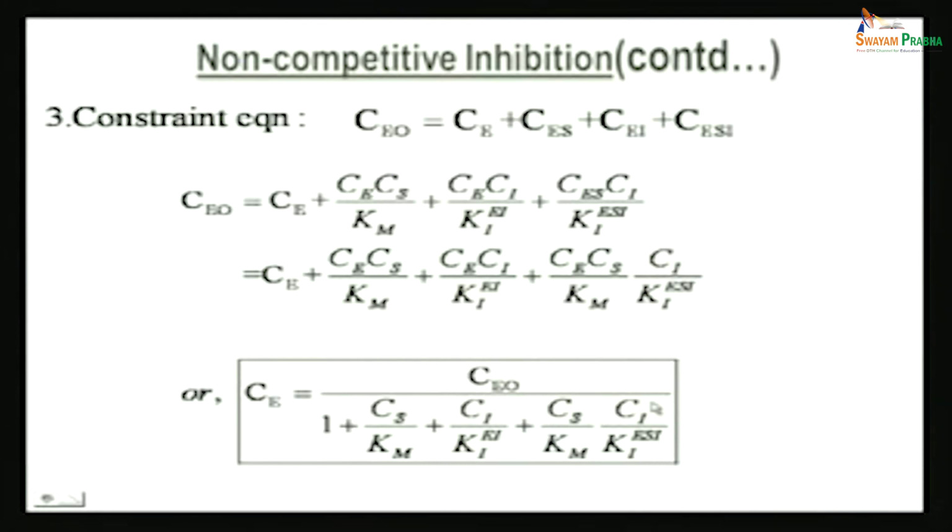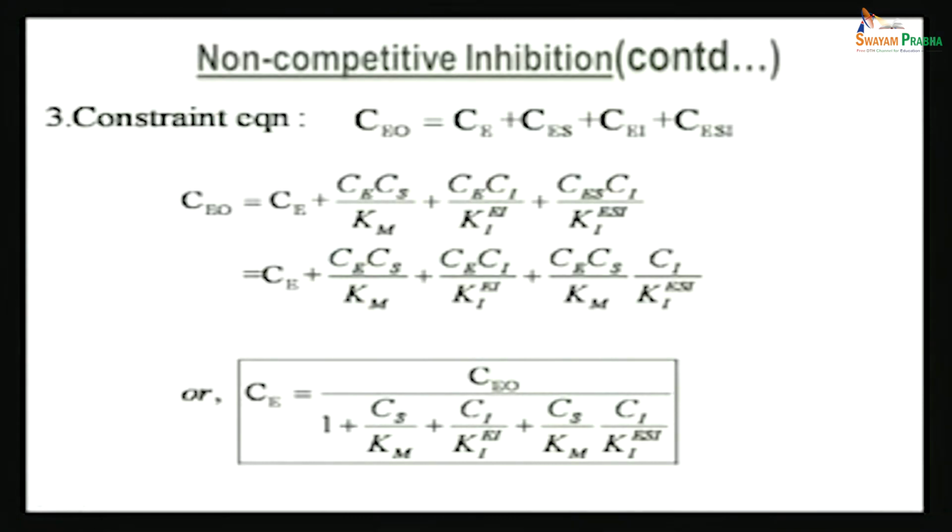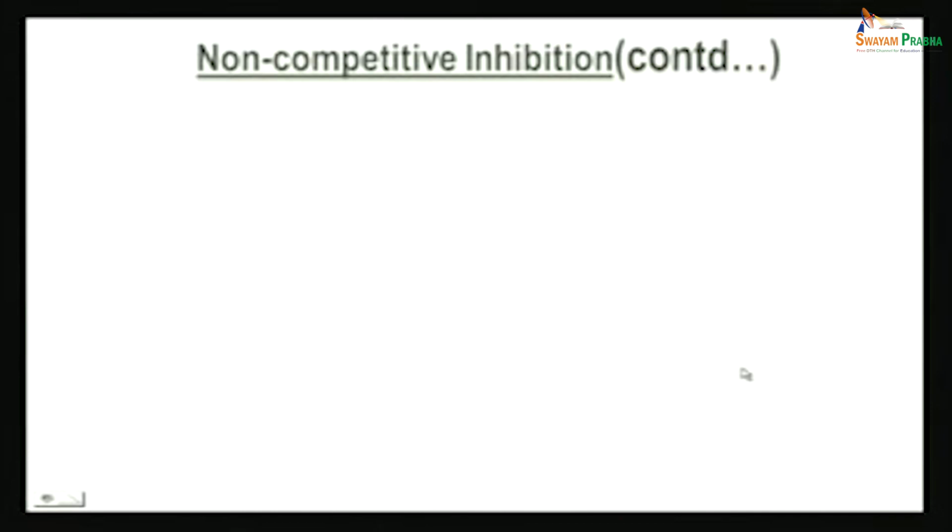The last one is the rate limiting step, the rate of product formation, right? Clear up to this point? Okay. In case you need more time to write things down, always let me know.